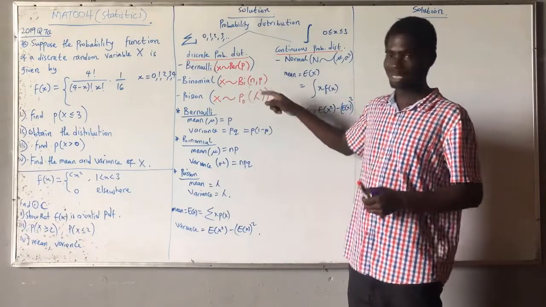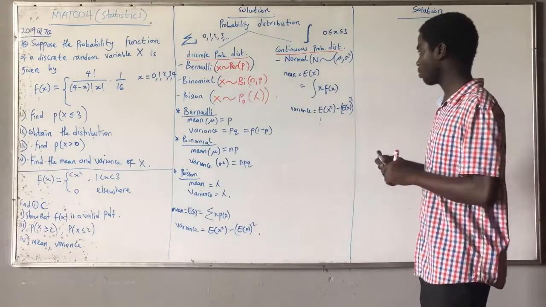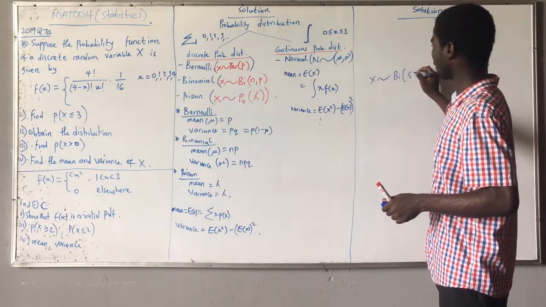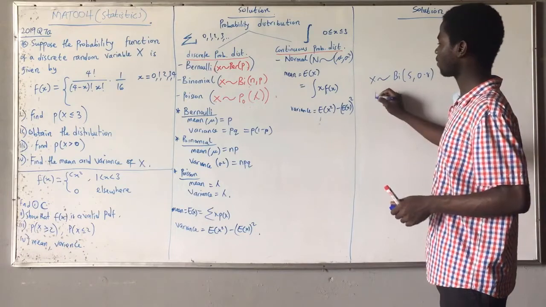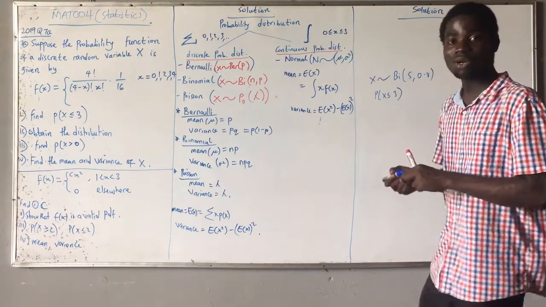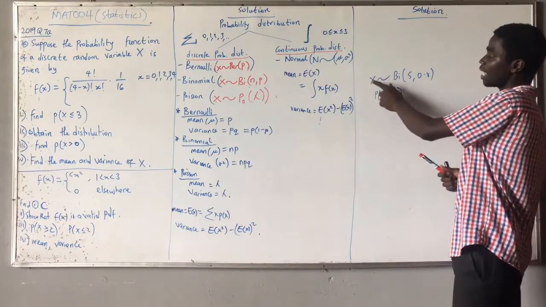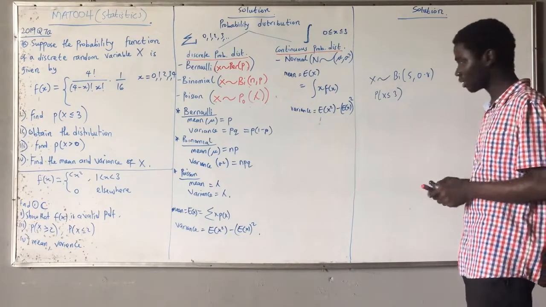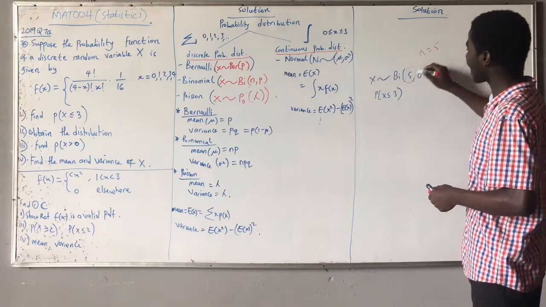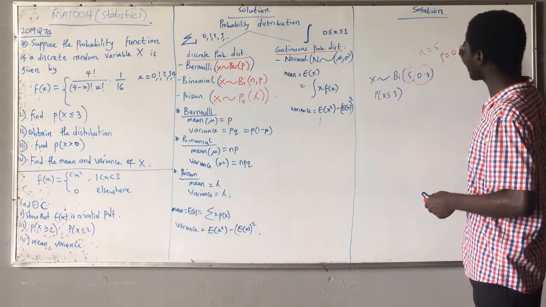If you see them write something like this, so maybe in your objective you might see they write S follows, they will now say find probability of S less or equal to 3. This one means that S follow a binomial distribution, a BI. Then your N is 5 and your P probability is 0.8.